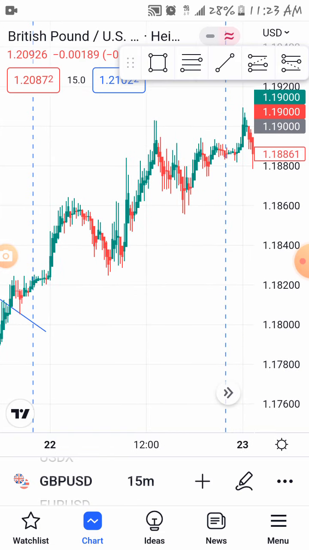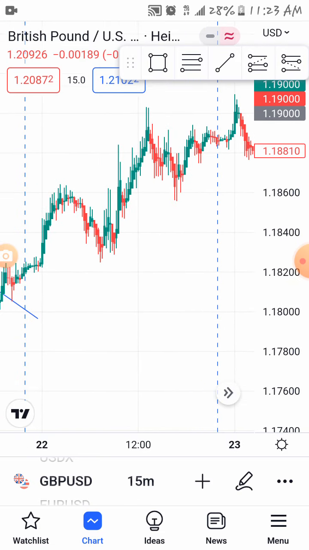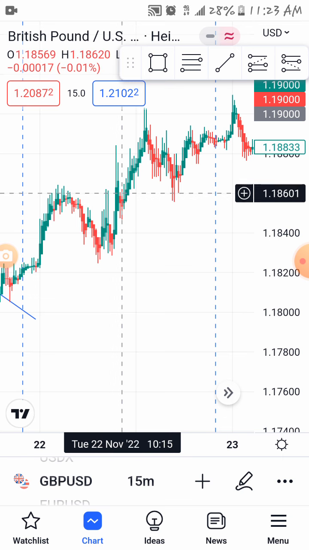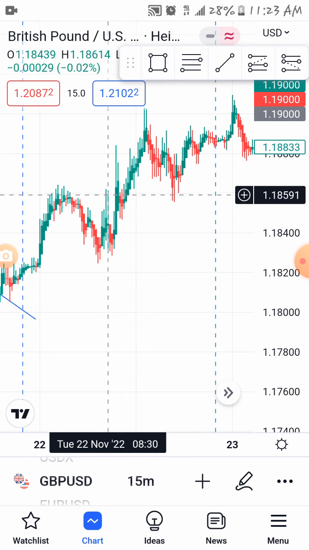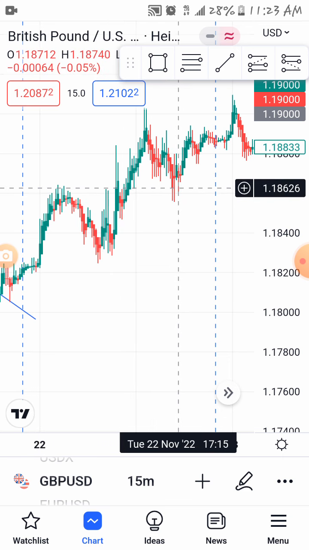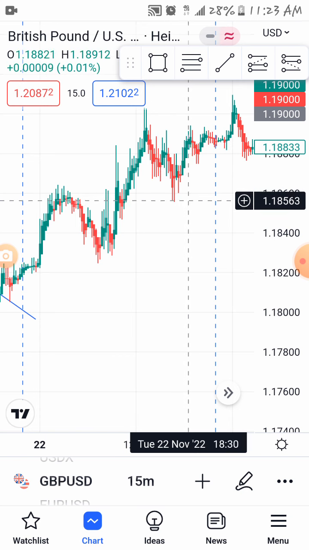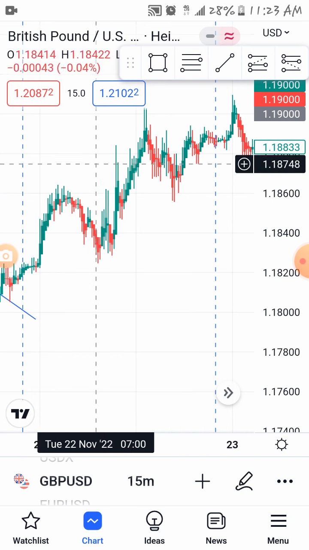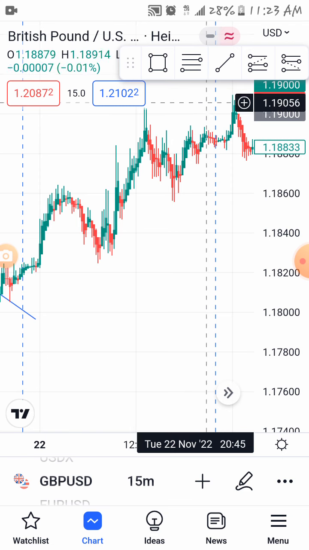Now, how would you have traded this setup? Remember, we had a resistance level here, and what we know is that resistance becomes support. So I would patiently be waiting around here for price to come and bounce on my resistance level, and then enter here for a buy setup.